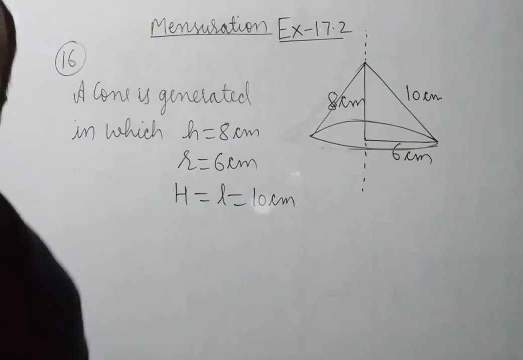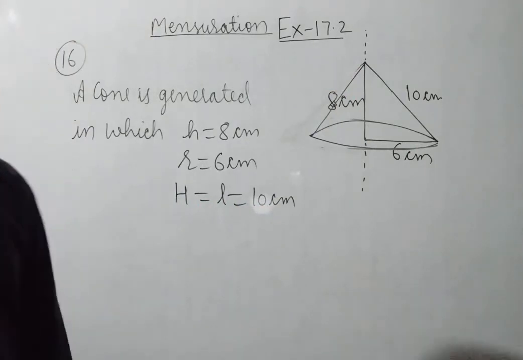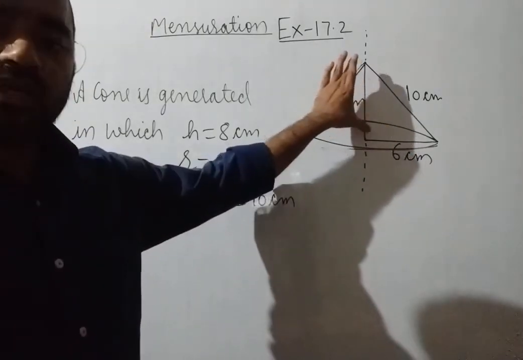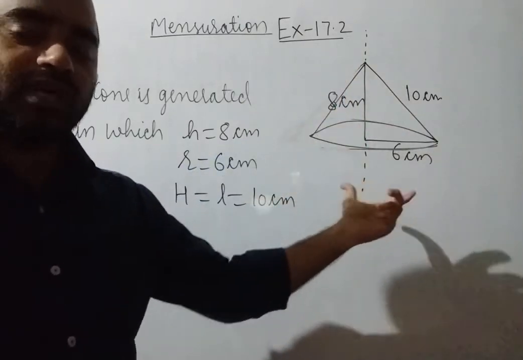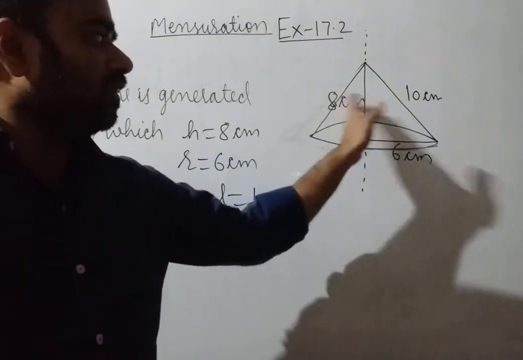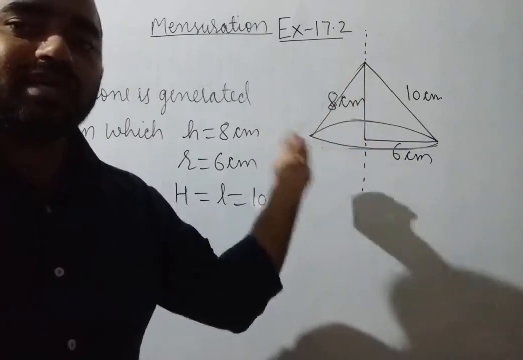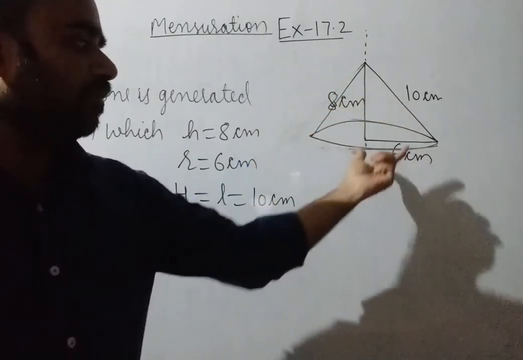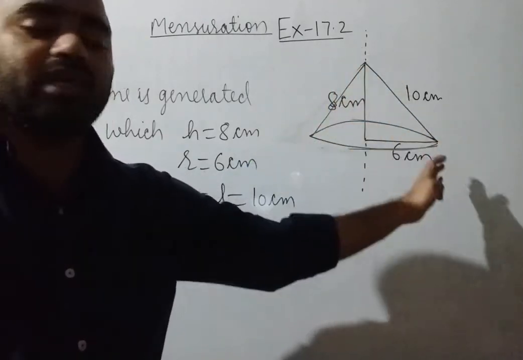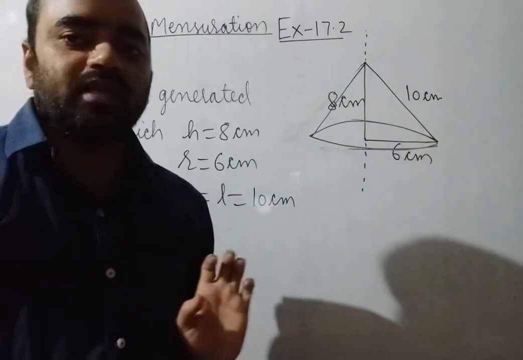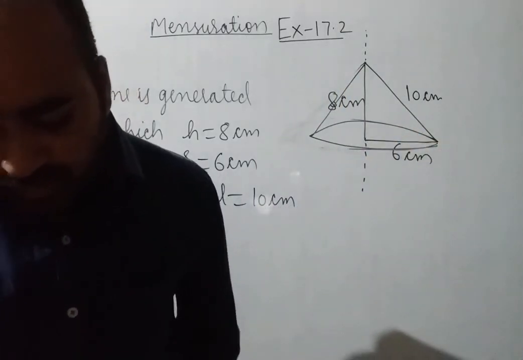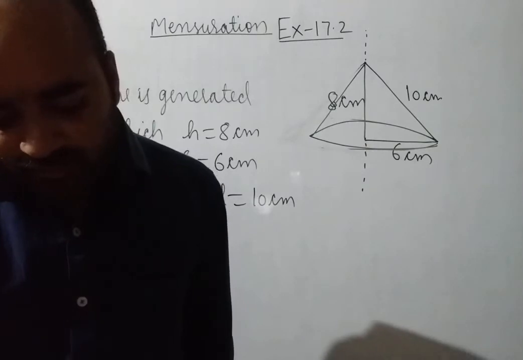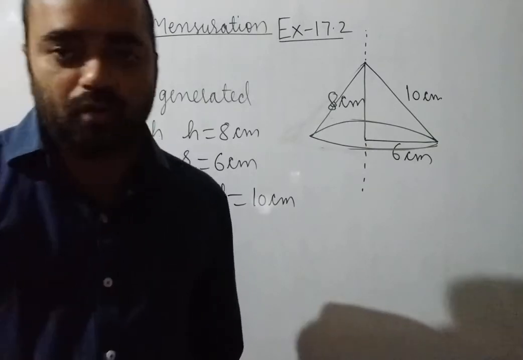So whenever a right triangle is revolved along its perpendicular side or base, we get a cone, and the side about which we are revolving becomes the height, the base becomes the radius and the hypotenuse becomes the slant height. Now we have to find the volume and the curved surface area of the cone so formed.